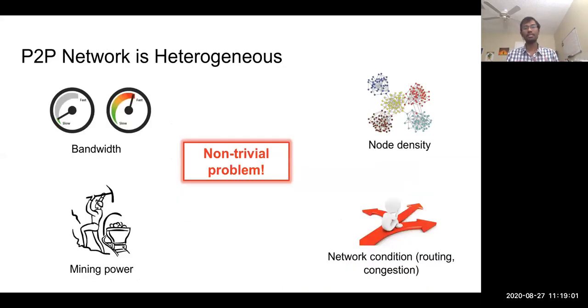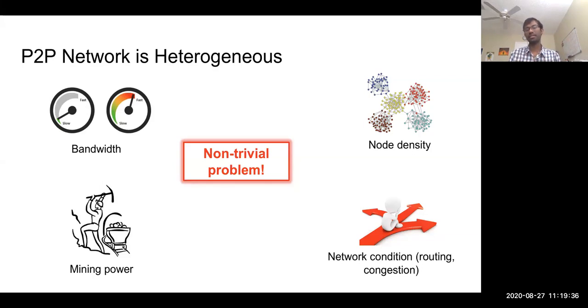Now, while the random geometric graph is very efficient on our toy model, in practice this problem is much more complicated. In addition to heterogeneities in link latencies, there are also heterogeneities in link bandwidth, which affects the time taken by messages to propagate through the network. Nodes also have varying mining or processing power, which affects the time it takes for a node to verify a block before relaying it to its neighbors.